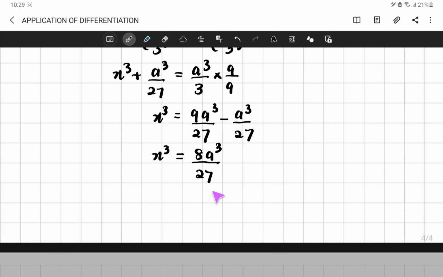If we cube root both sides, we're going to get x equals the cube root of 8a cubed over 27, which is 2a over 3.